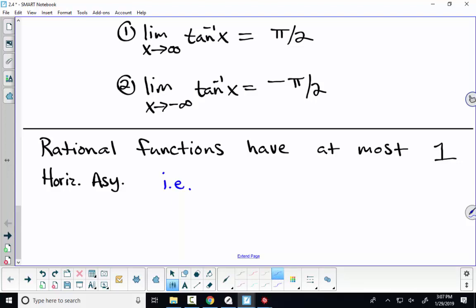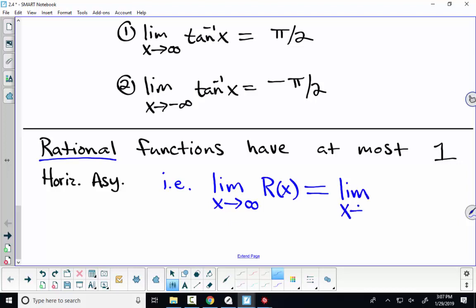So what does that mean? In the sense of a limit, as long as we're talking about a rational function, the limit as x approaches infinity, we'll call it capital R of x for rational function, equals the limit as x approaches negative infinity.